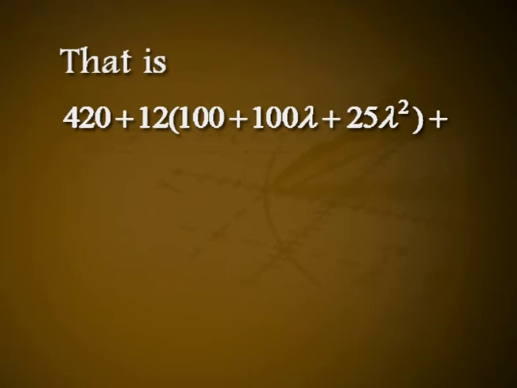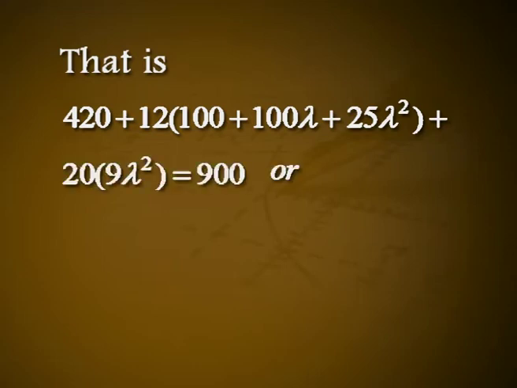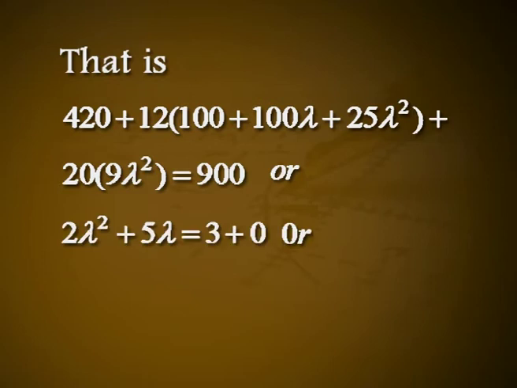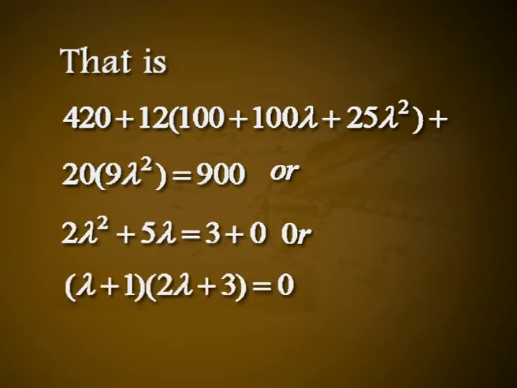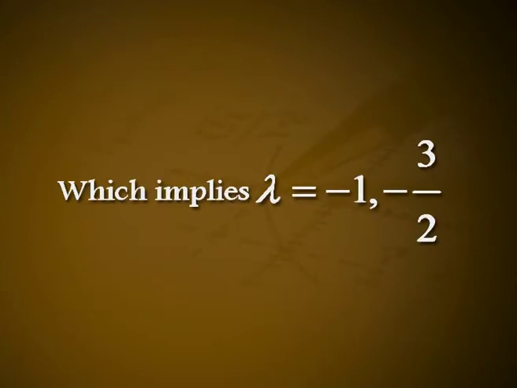That is 420 plus 12 into 100 plus 100 lambda plus 25 lambda square plus 20 into 9 lambda square, which is equal to 900, or 2 lambda square plus 5 lambda plus 3 is equal to 0, or lambda plus 1 into 2 lambda plus 3 is equal to 0, which implies lambda is equal to minus 1 or is equal to minus 3 by 2.